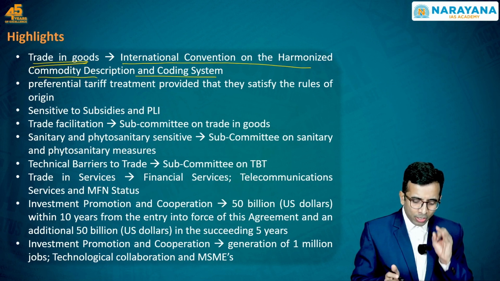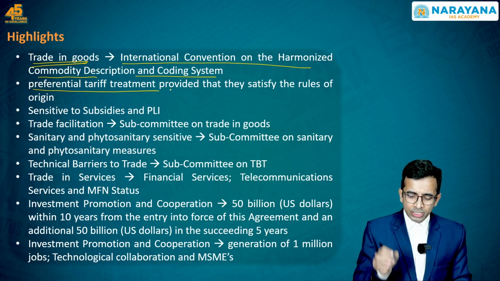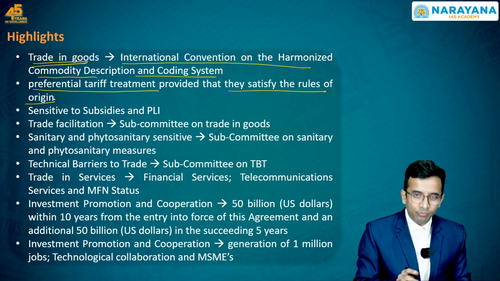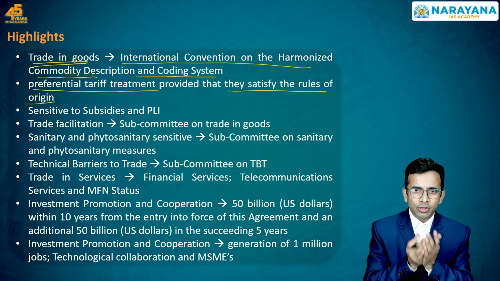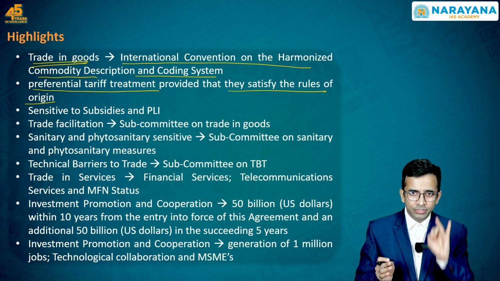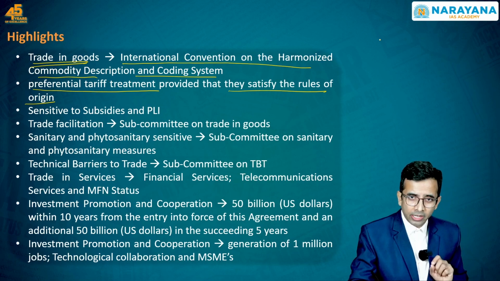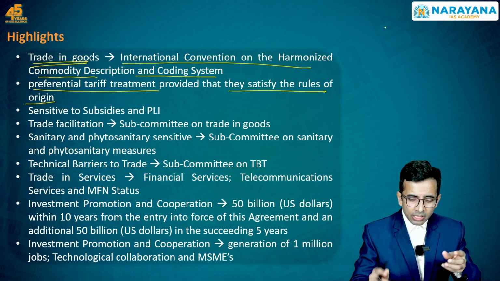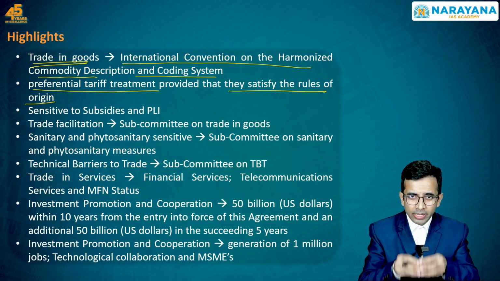Number two, what you also see is that the preferential tariff treatment provided in this agreement must satisfy what is referred to as rules of origin. Whenever a free trade agreement has been signed under the aegis of WTO norms and conditions, there are two things which are possible in this free trade: preferential trade and non-preferential trade. Whenever you say there is preferential trade, it means that there are two sovereign entities which have become parties to a particular free trade agreement.